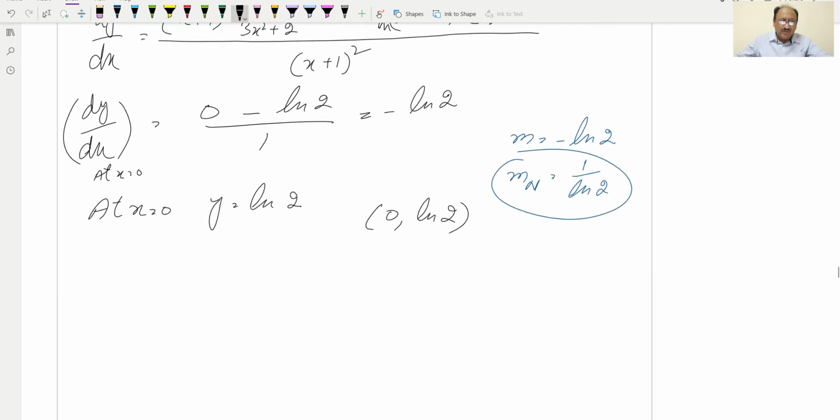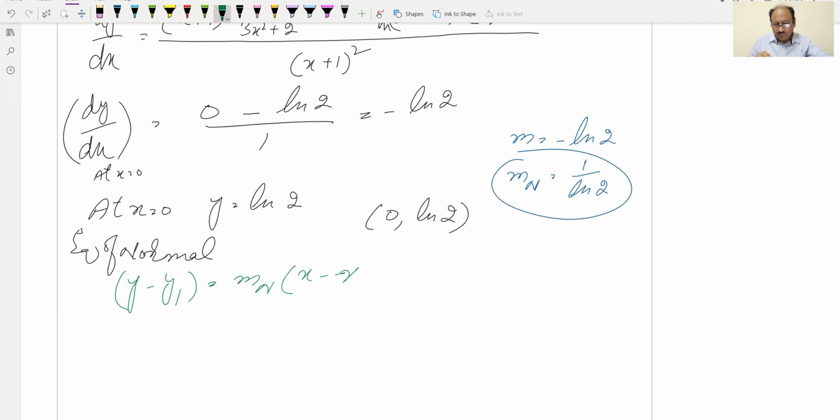Now we can write the equation of the normal: y minus y1 is equal to m of the normal into x minus x1. We use log 2 for y1 using this point, so y minus log 2 is equal to the gradient of the normal, 1 over log 2, into x minus x1, where x1 is 0.